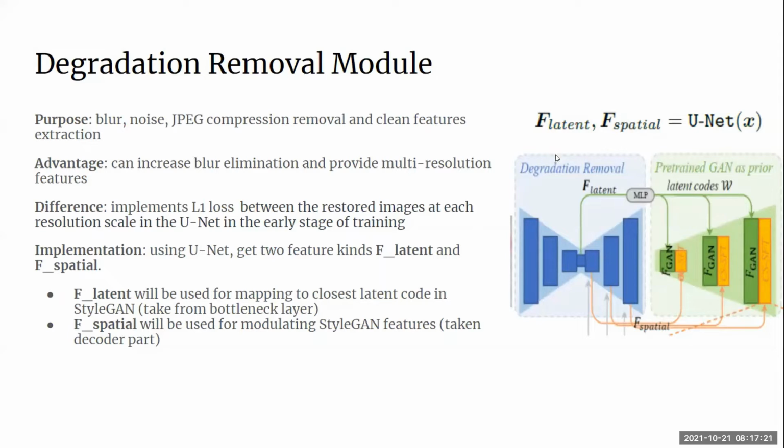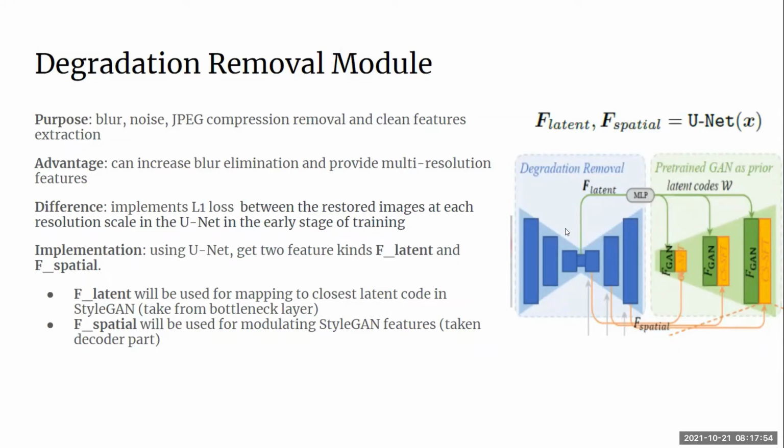The idea here is to go from a low resolution image, which is the input, map that into a low dimensional space, the latent space, and then go back to a higher dimensional space. The hope is that while going from the input space to the latent space, you'll only keep the relevant information and get rid of any kind of high level degradation. That's the idea.